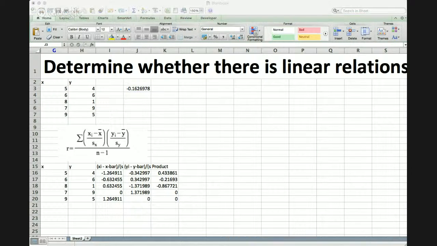Now, the next step we can do is determine whether there is a relationship between x and y values.